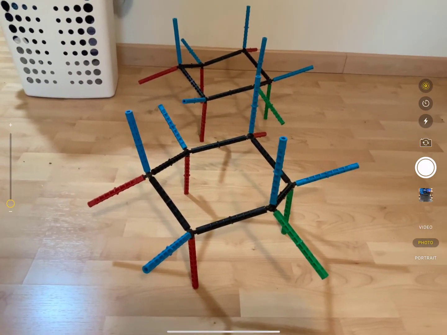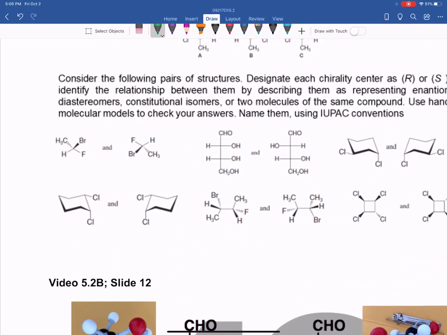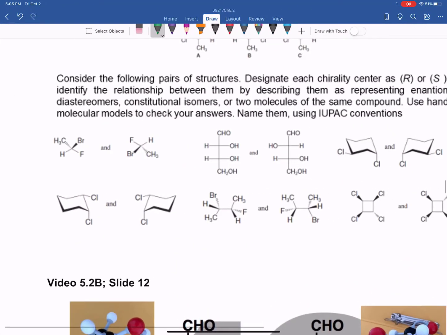So therefore these are identical to one another. Okay, so now that we've established that these are identical, the same, or we could say they are non-isomeric, the next thing to do is to look at the stereocenters of this center and this center. So I don't need to do the same thing here because it is exactly the same molecule.